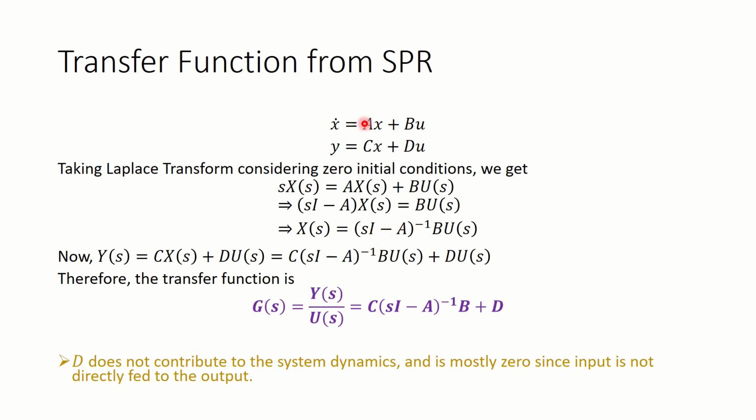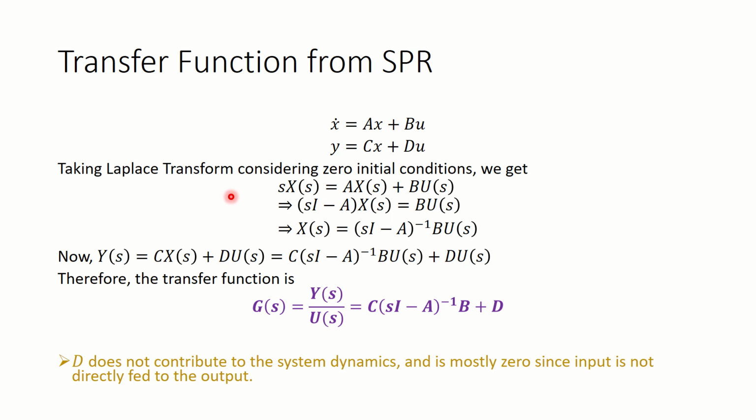Since it is generic, we are only talking about A, B, C and D in symbols, and not any particular A, B, C and D. So this will hold true for all state space realizations.